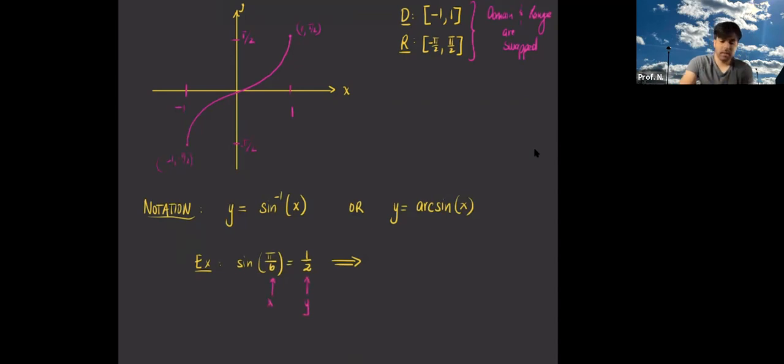Switch the x and the y's. So now this will be my inverse, sine inverse of 1/2. So the y coordinate is 1/2, but in this case, it's my input now. 1/2 is associated with what value? Pi over 6. Do you guys see that? The x and the y's are swapped.